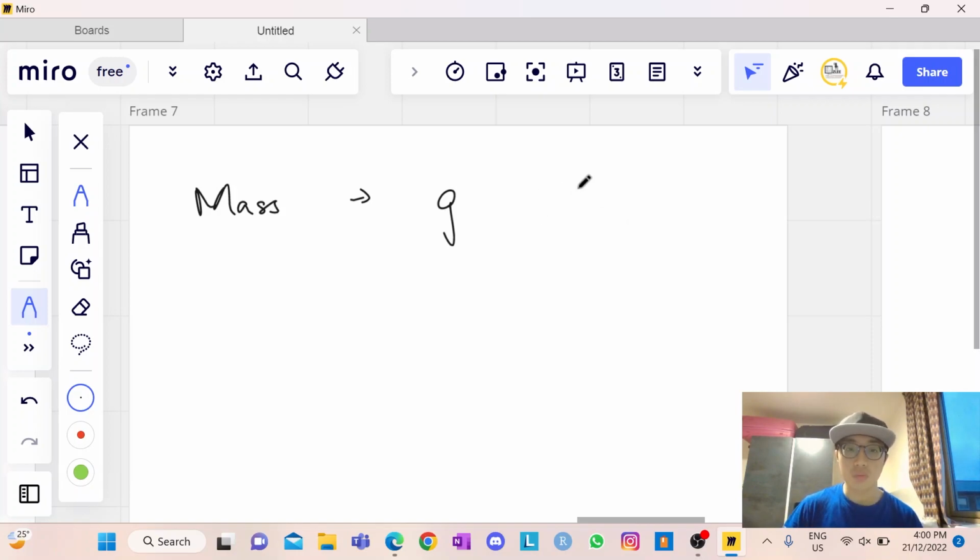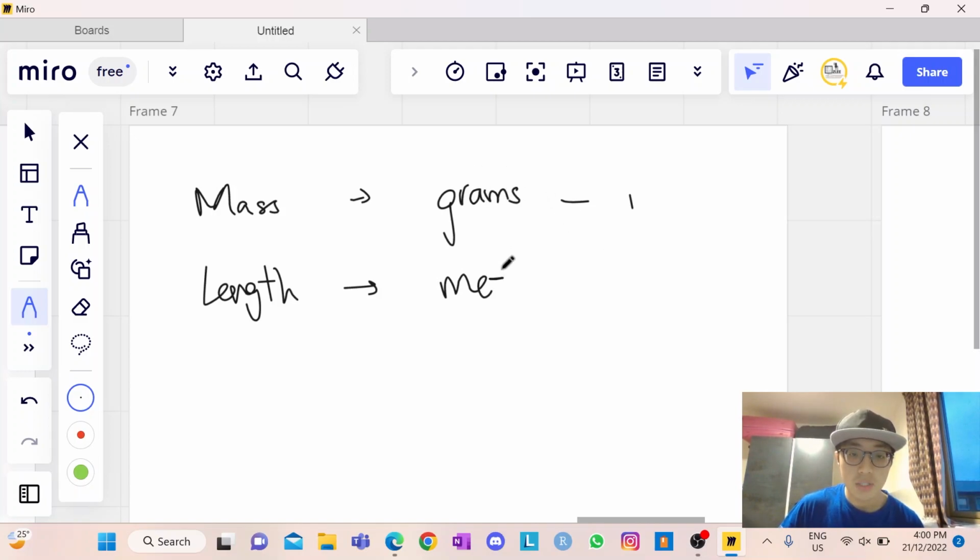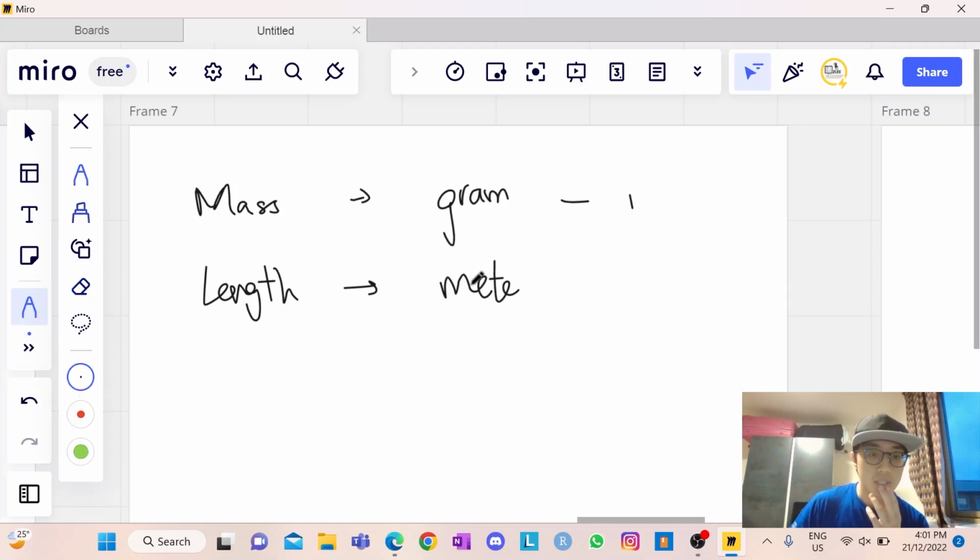The index is 1. And for length, our base unit is m, meters. I'm going to write down the whole name, gram, meter. I should take away the s because it's singular. Meter is also 1.